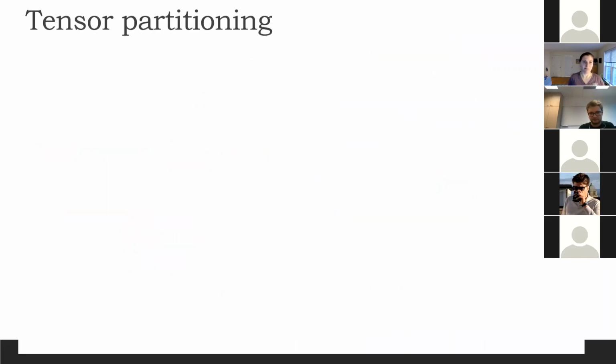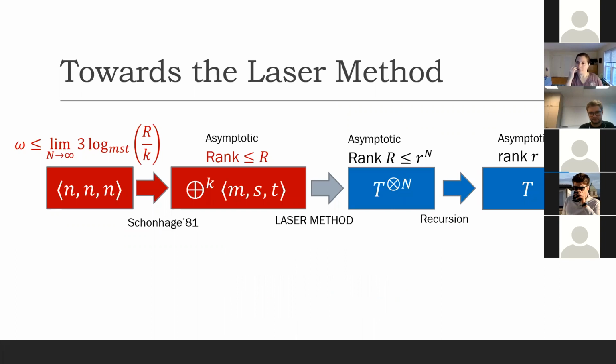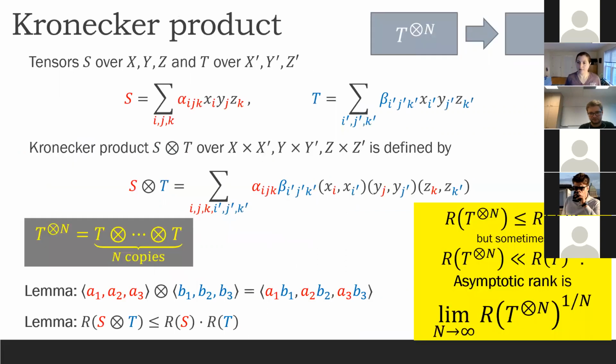So I have a question, maybe this is a dumb question, but if we have this asymptotic rank, or maybe just rank, is it monotonic, like the bigger parameters I have for the multiplication tensor, the smaller it is?